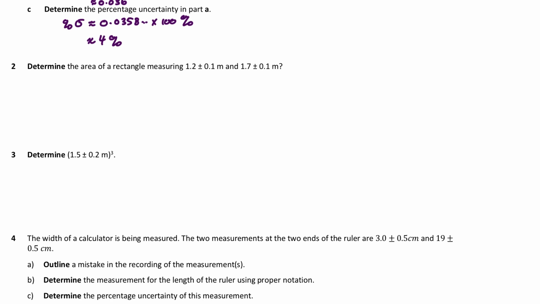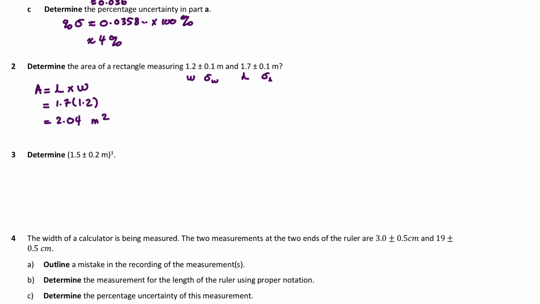I'm going to bring this up, and I am going to use W and L for width and length, and this would be the uncertainty, and this would be the uncertainty. So for the area, it will be length times width, and that's 1.7 times 1.2. My calculator gives me 2.04. The units will be meters squared.